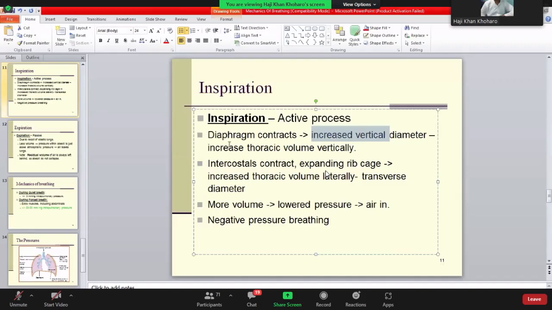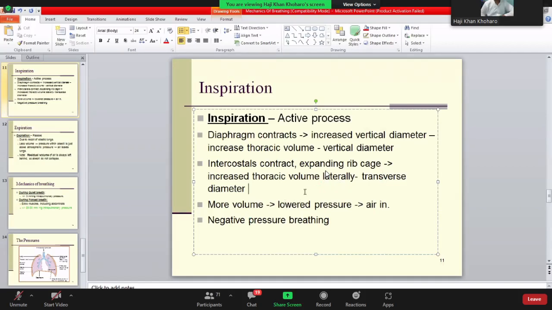Another important thing is that the external intercostals also contract and expand the rib cage, increasing the thoracic volume laterally. That is the transverse diameter. This is the vertical diameter. So the vertical diameter is increased, the transverse diameter is increased, and the anterior-posterior diameter is also increased.